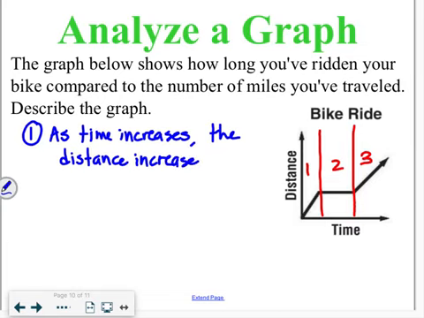So you are moving from left to right on the graph, and your distance is increasing. So the amount of time you spent on your bike is increasing, and the distance is also increasing.